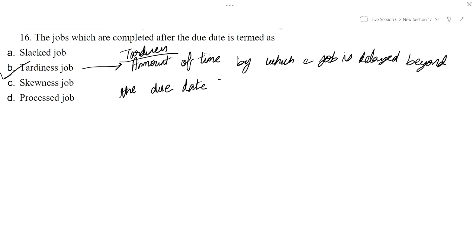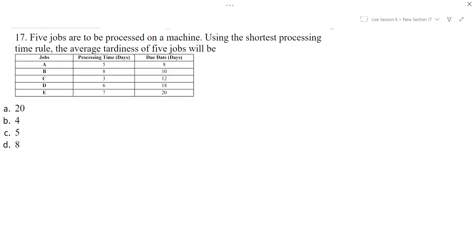Next question. 5 jobs are to be processed on a machine. So using the shortest processing time, the average tardiness of the 5 jobs will be, we have to find out using the SPT rule. So here first we will arrange the jobs in order of their increasing processing time.